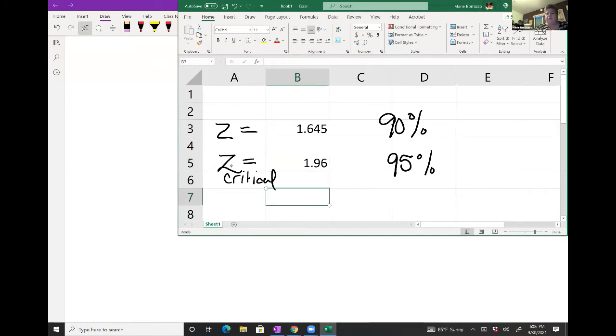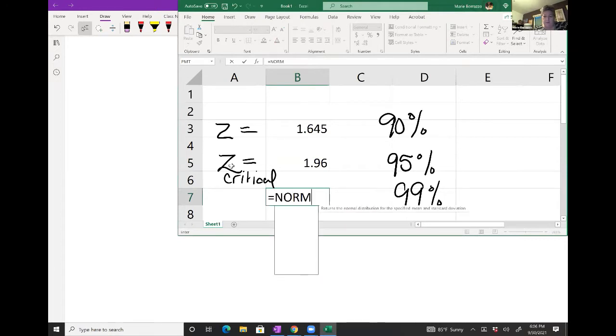If I do the same thing for the 99%, which is the other commonly used confidence interval, again, for this, the 1% gets split in half and added to the main area. So that's 0.995. So that becomes equals NORM.S.INV of 0.995.